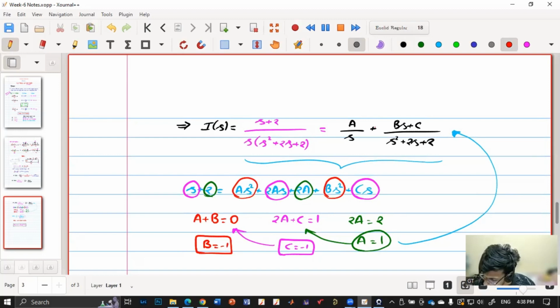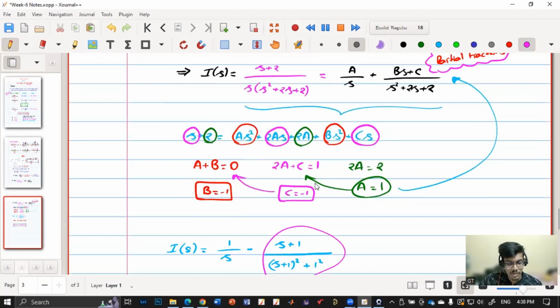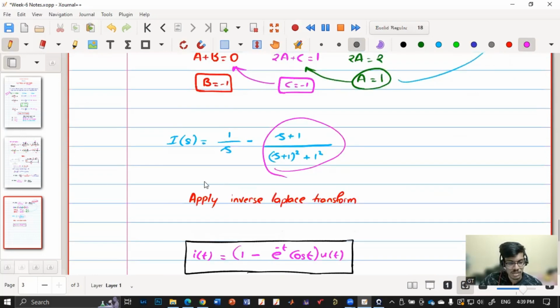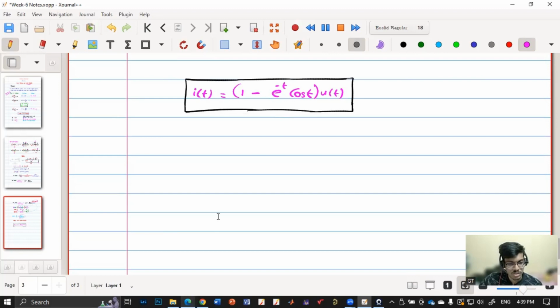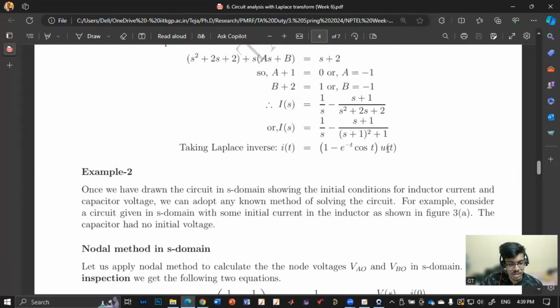We converted into a few fractions and assumed unknown constants A, B, C. Then by comparing LHS with RHS, we obtained A, B, C. Then by back substituting those, we got the I of S expression. Then we applied inverse Laplace transform to get I of t, which is 1 minus e to the power minus t cos t u of t.